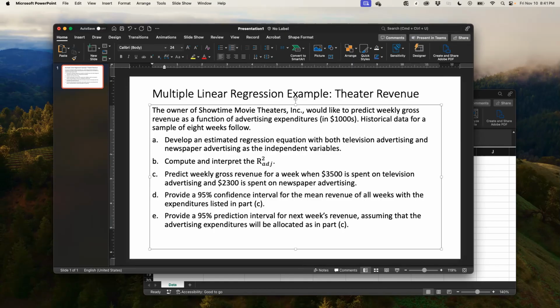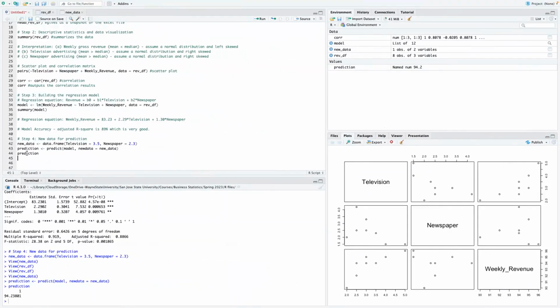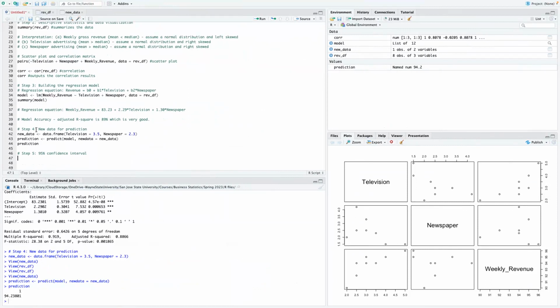Now let's look at creating a 95% confidence interval. So I'm just going to put this as step 5, which is 95% confidence interval.